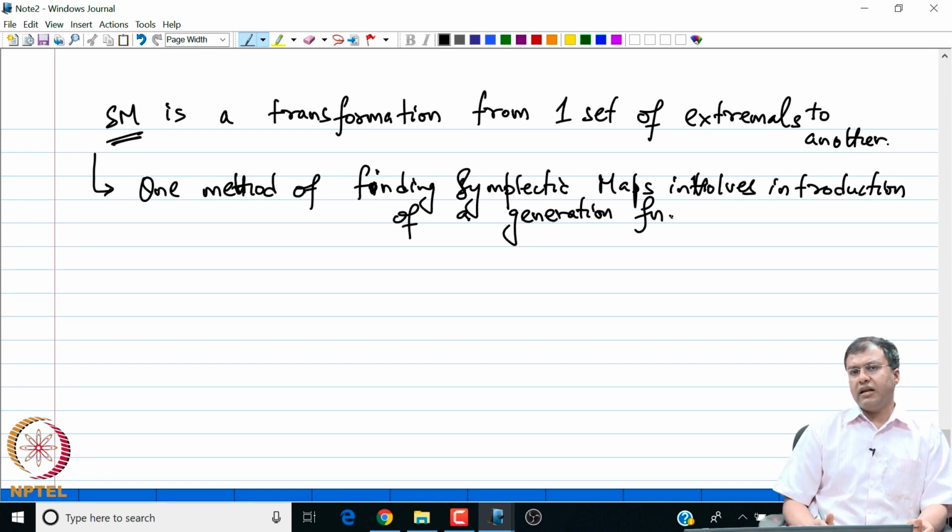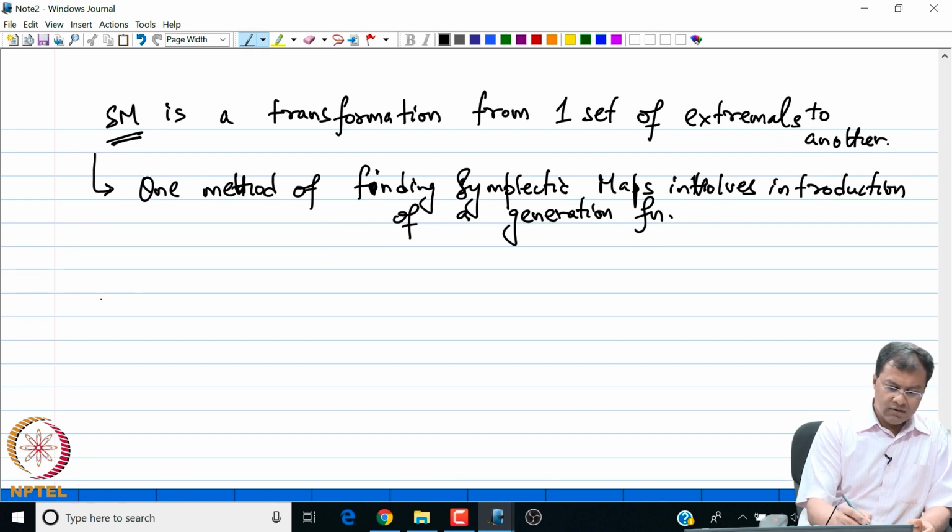Through the generating function, later on we will describe the famous Hamilton-Jacobi equation. So let us see what we have just said.